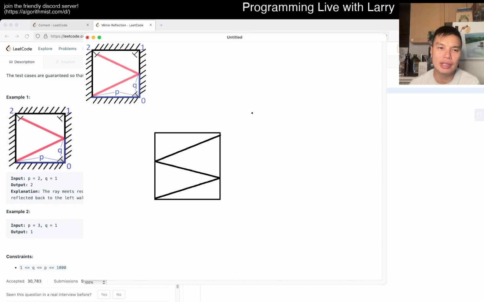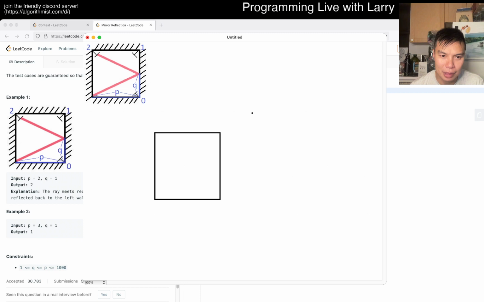Now that we assume P is less than Q, I kind of messed it up a little bit, but let's say we have P and Q, and P is less than Q, then what happens?